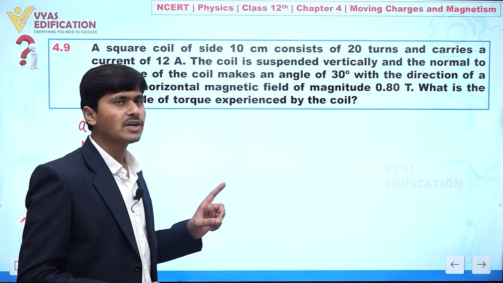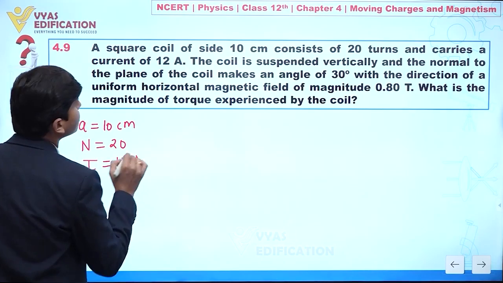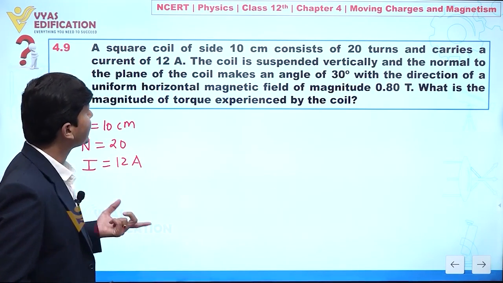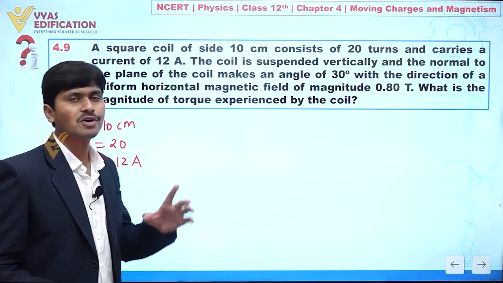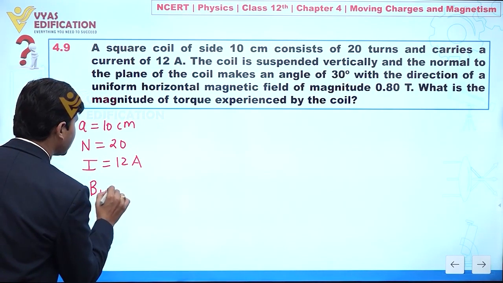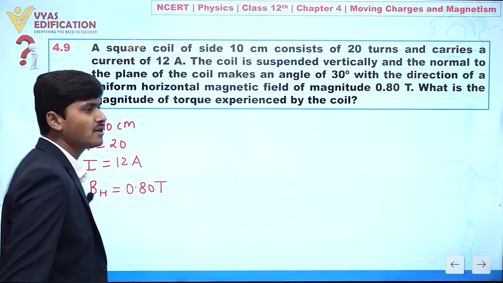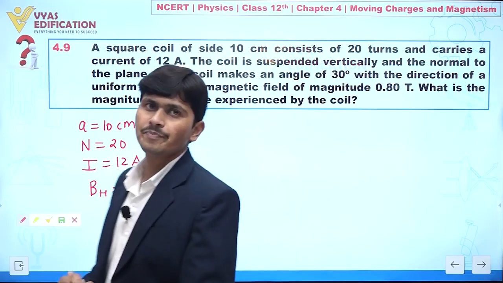It carries a current of 12 ampere. The coil is suspended vertically and the normal to the plane of the coil makes an angle of 30 degrees with the direction of a uniform horizontal magnetic field. So B horizontal is given as 0.80 Tesla.